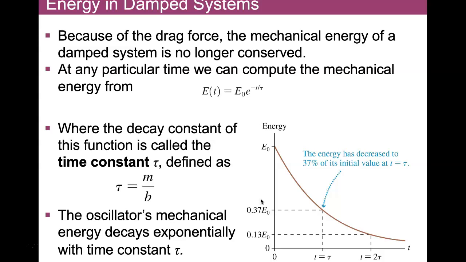So, for example, after a time tau, your energy gets divided by e, so it becomes 37%. Then again, if you divide it by e, it becomes 13%, and it gets killed off relatively quickly if tau is a reasonably small number. Of course, if tau goes to infinity, it doesn't get killed off, which is the case where b is equal to 0, right? Tau is inversely proportional to this drag or damping coefficient.